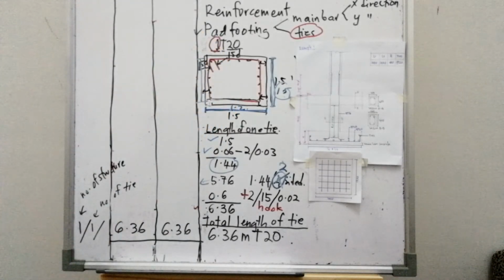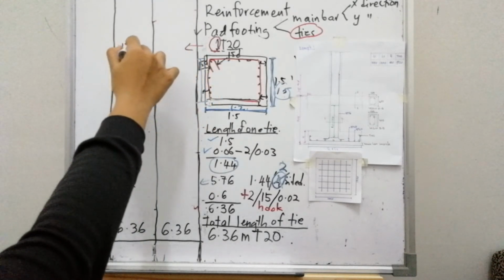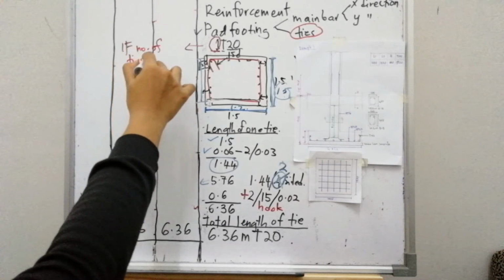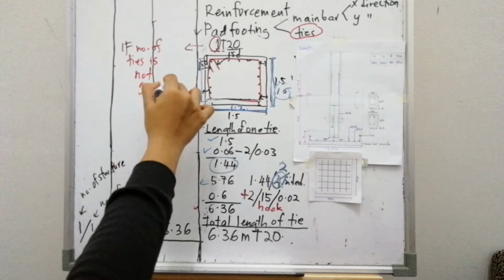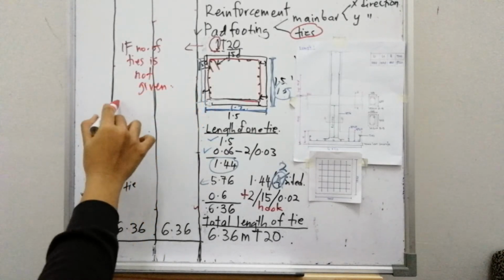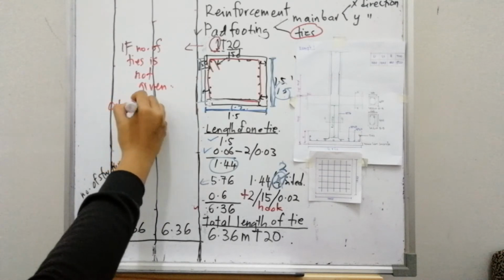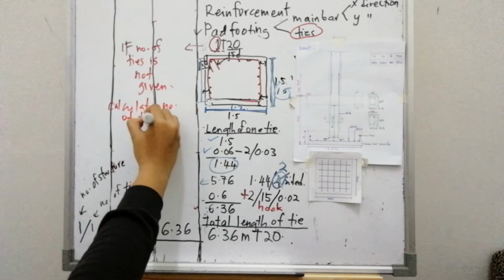If the number of ties is not given, what do you need to do? You need to calculate the number of ties.